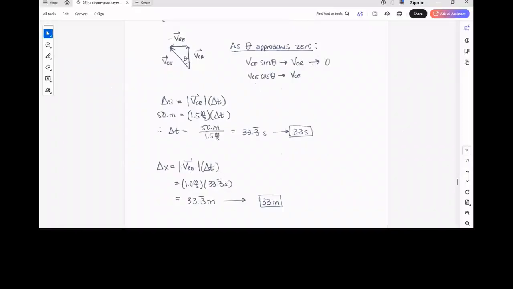So I can use the same expression now for the x direction. The velocity of the river is all that's responsible for carrying the canoe along the east-west axis. So I can take that velocity, multiply it by the time we just found, and I end up with a 33-meter drift.